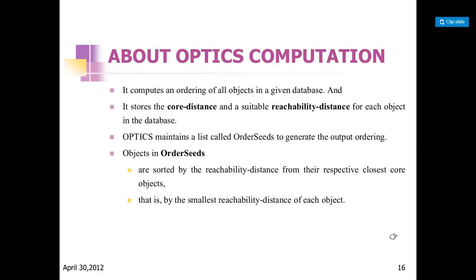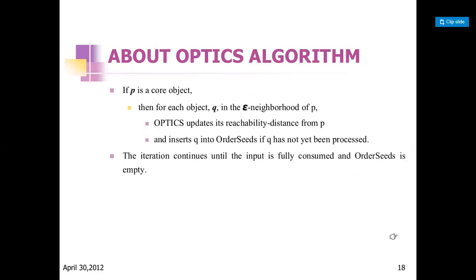These are the steps. It computes the ordering of all the objects in a database. It stores the core distance and the suitable reachability distance of each object in the database. OPTICS maintains a list called ordered seed to generate the output ordering. I know that you will not be very clear about what I'm saying, so I'm taking you to the example.